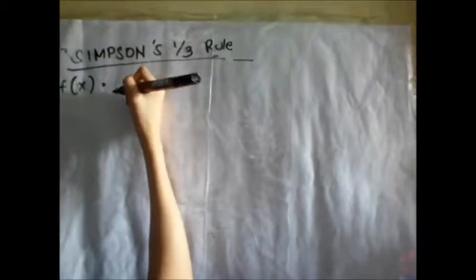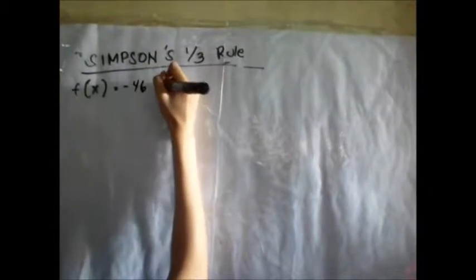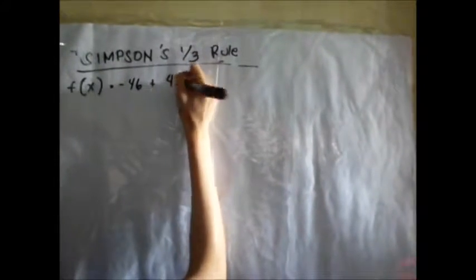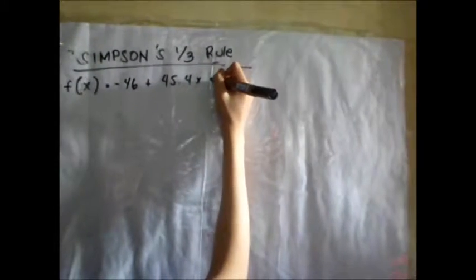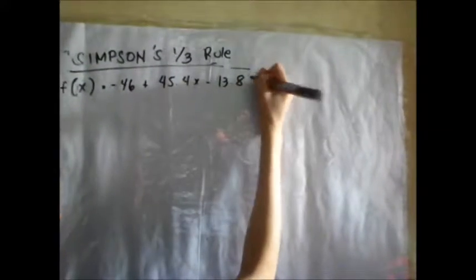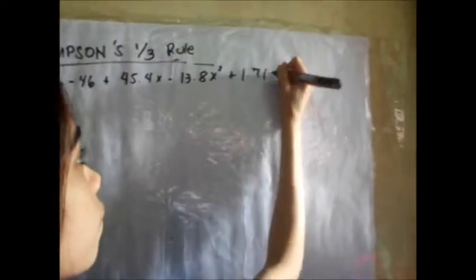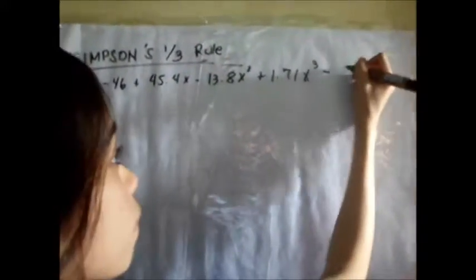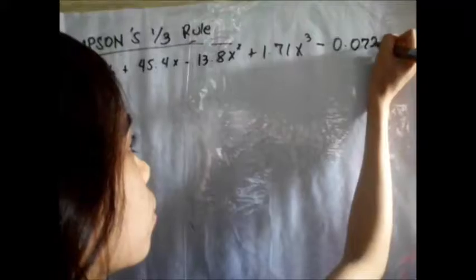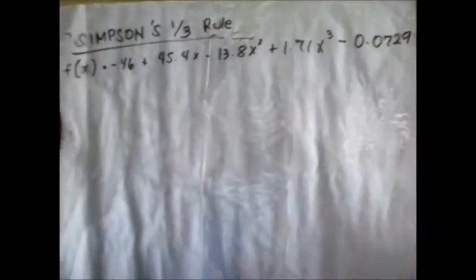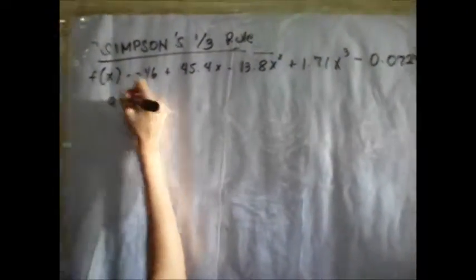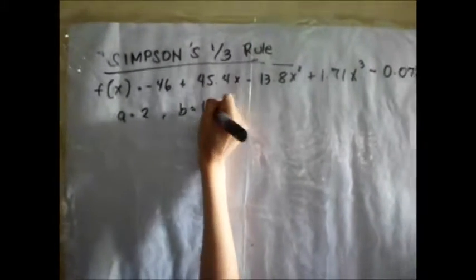It is just the same with the previous equation that we have, minus 0.0729 x raised to 4. Again, it has the same limits as this.